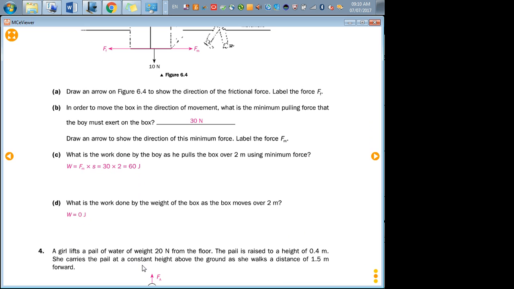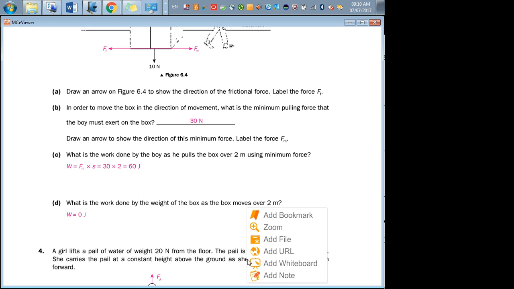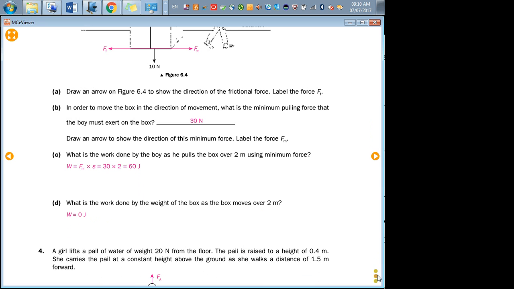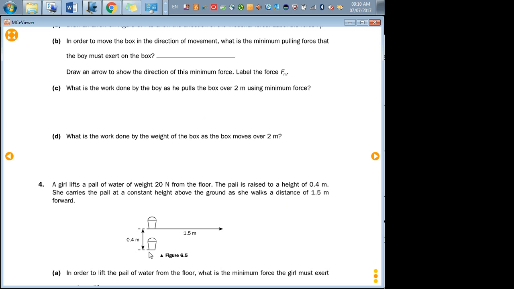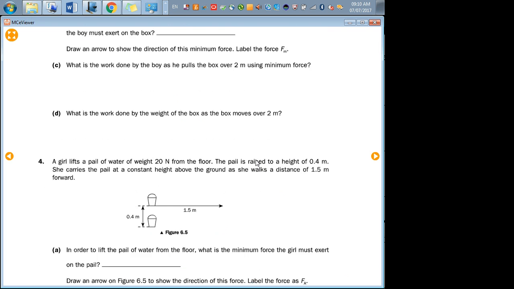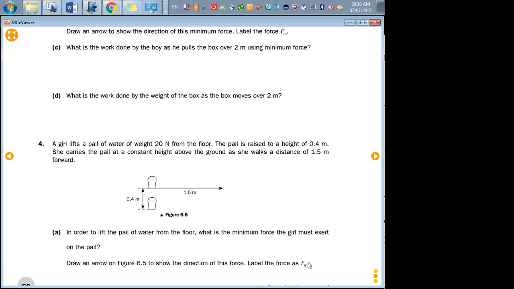Then next, a girl lifts a pail of water, weight 20 newtons, from the floor. And the pail is raised to a height of, oh no, 0.4 meters. And she carries the pail at a constant height above the ground and she walks a distance of 1.5 meters forwards. In order to lift the pail from the floor, what is the minimum force the girl must act on the pail? Okay, what do you think?